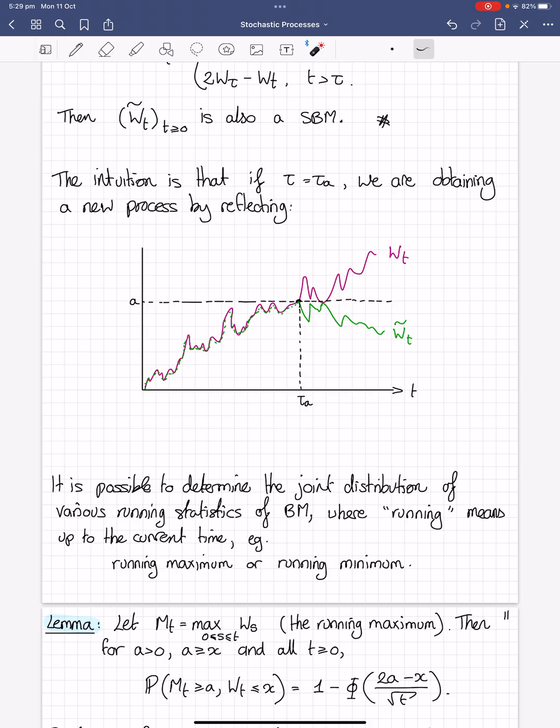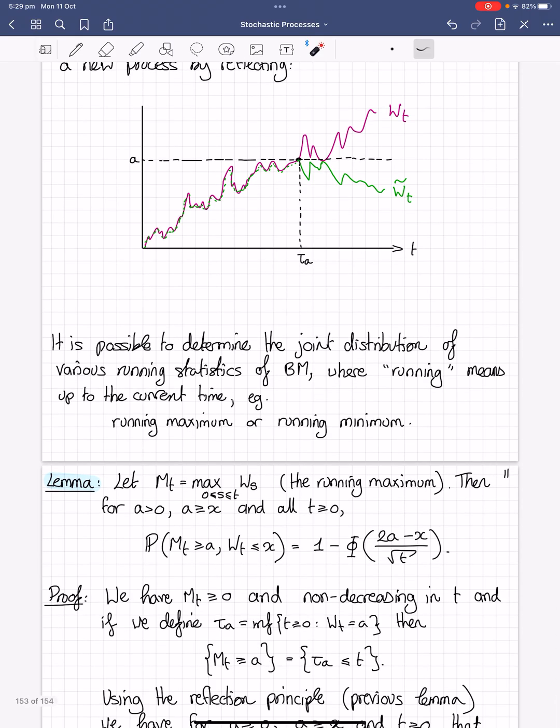But the key point is that they are the running ones. So it's the maximum up to time t. It doesn't mean it's the global maximum of the process. It's just the maximum of that process up to that time t.